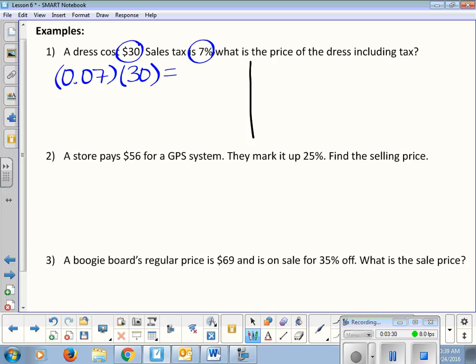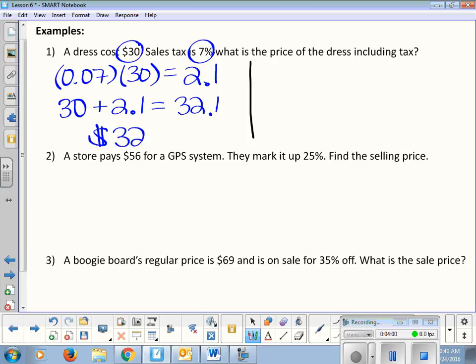When you multiply these two values, what do you get? 2.1. For sales tax, is that an additional price or money that you are saving? Additional price, so we add it to our total. $30 plus 2.1 gives us 32.1. To write that in terms of money, we have $32.10.